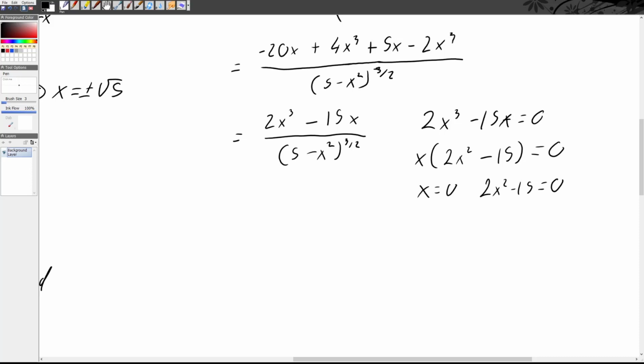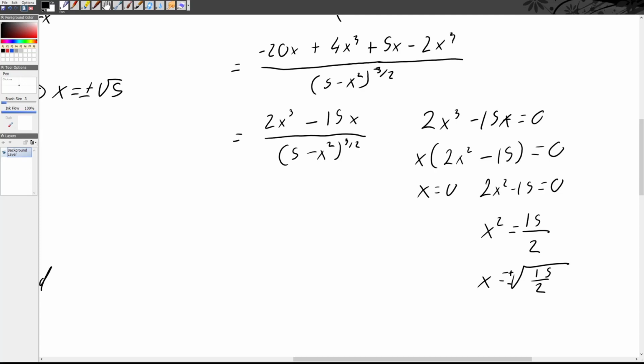We solve for x. We get x squared is equal to 15 over 2. Therefore, x is equal to plus or minus the square root of 15 over 2.